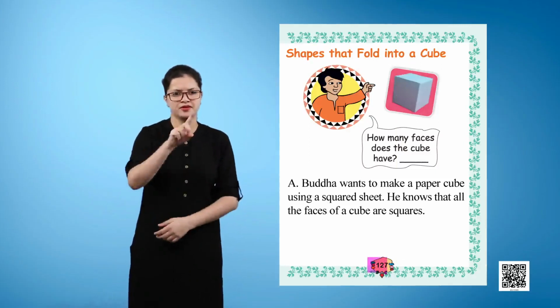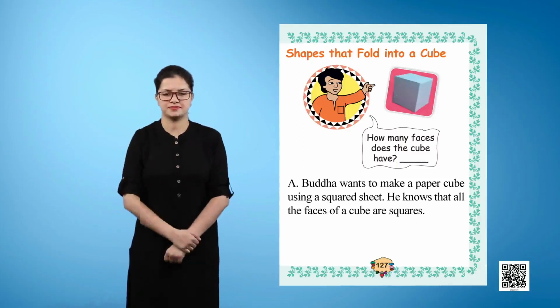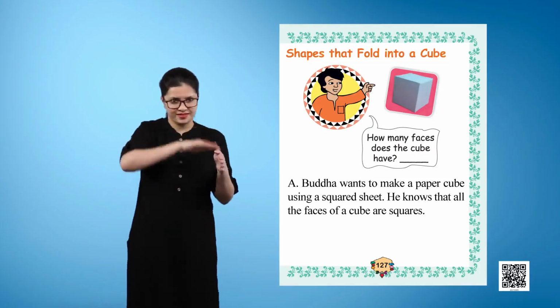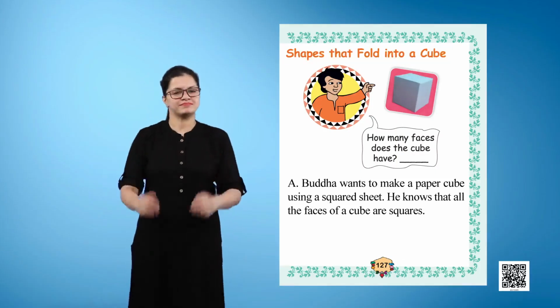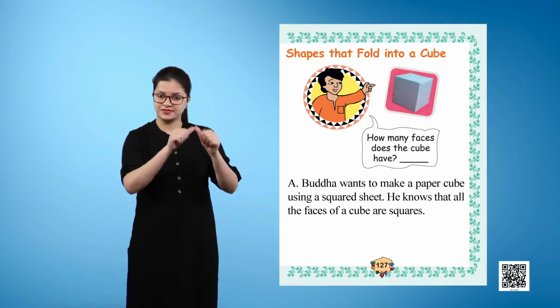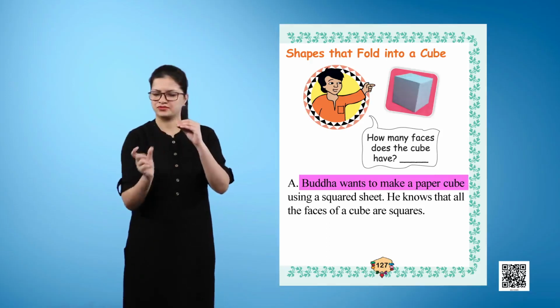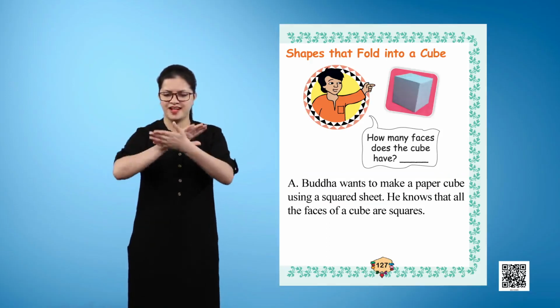Page 127. Shapes that fold into a cube. A. Buddha wants to make a paper cube using a squared sheet.